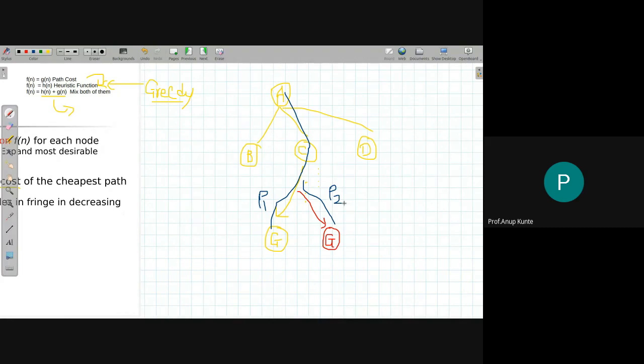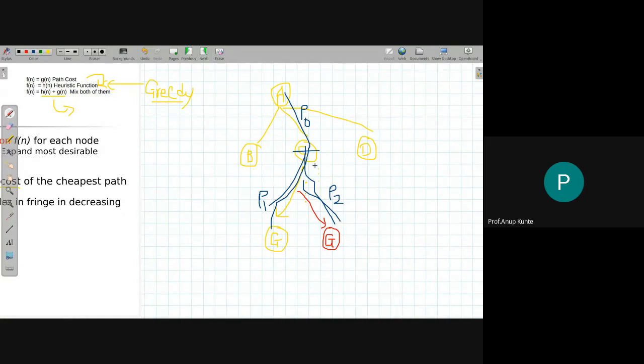Okay, please understand, what will my solution cost be? If I call the earlier path from A to C as P0, and this path as P1 and this path as P2, then it will actually be a mix of two costs. The total cost of reaching G from A would have two different values, P0 plus P1 and P0 plus P2.